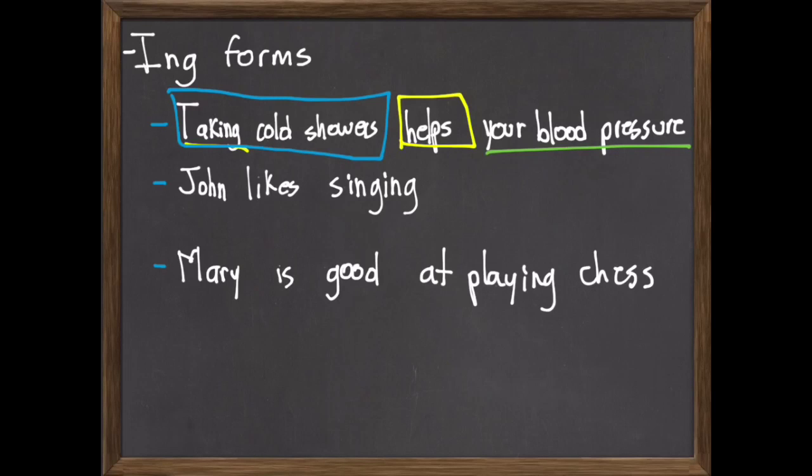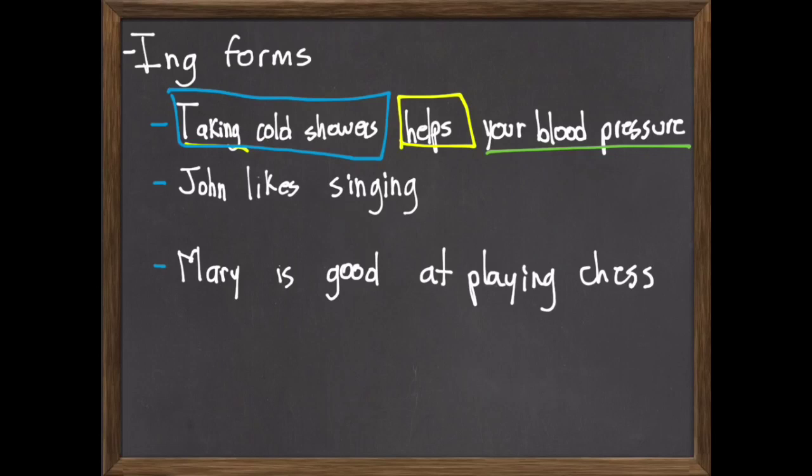So the action is the subject, and here we're saying that it helps regulate our blood pressure, or lower it, or give us better circulation in our system. Okay, so that's one of the uses, when an action is the subject of the sentence.